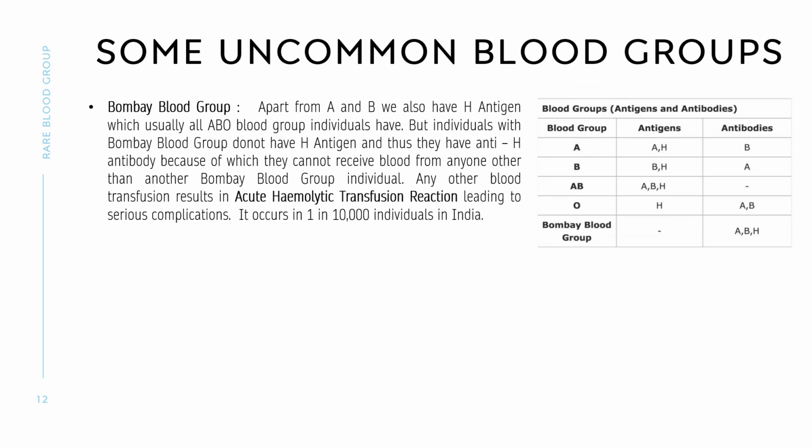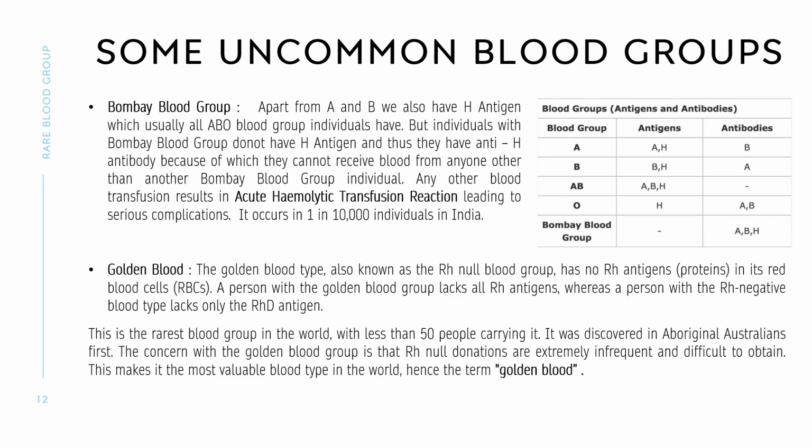But people who have Bombay blood group do not have antigen H. Hence, they have an antibody H. And because of the presence of this antibody H, they cannot receive blood from any of the other blood groups A, B, AB, or O. If by chance such a blood transfusion happens, then it causes an acute hemolytic transfusion reaction, and it can lead to serious complications. So this Bombay blood group is present in 1 amongst 10,000 people in India.